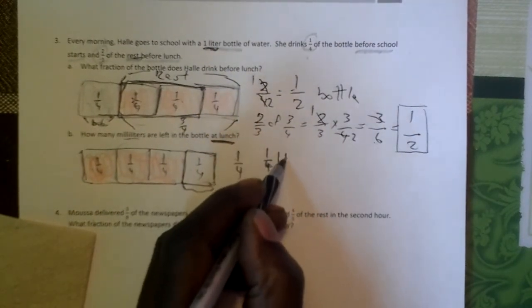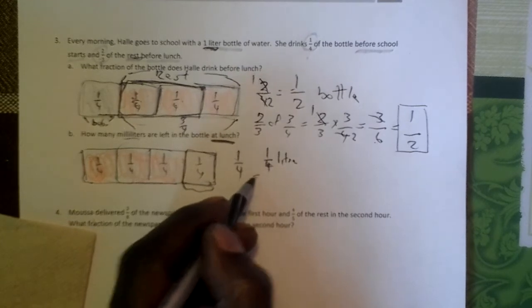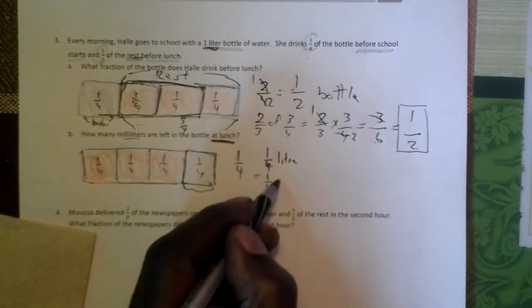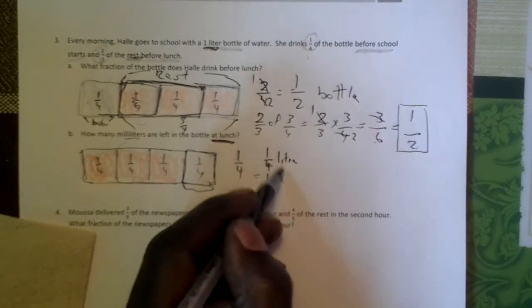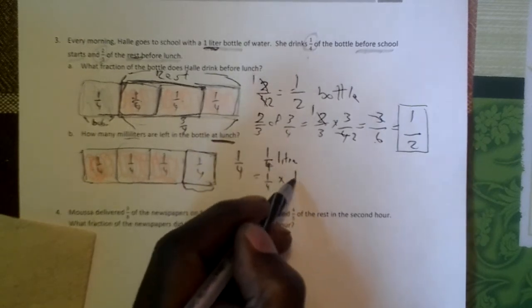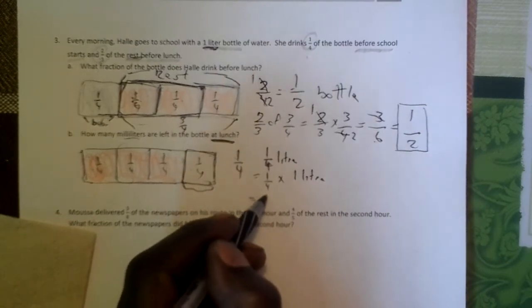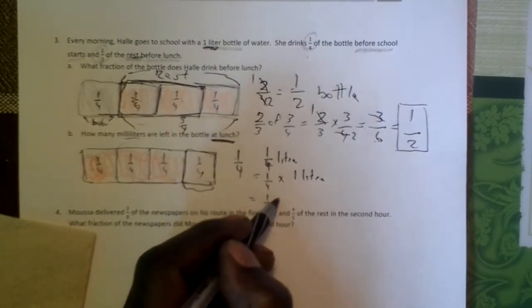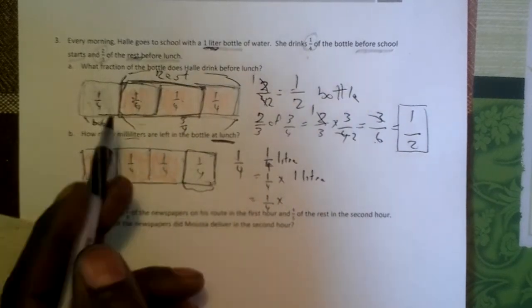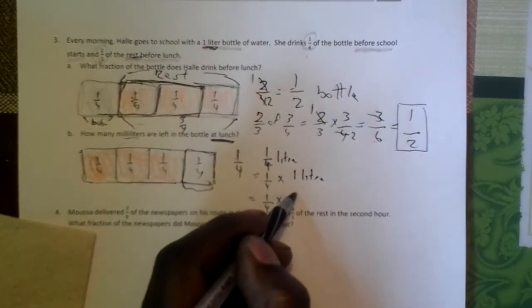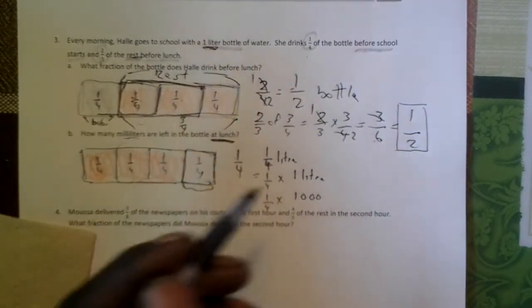So 1/4 of a liter equals 1/4 times, you remember how to do this? 1/4 times 1 liter equals 1/4 times how many milliliters in a liter? 1,000. Very good.